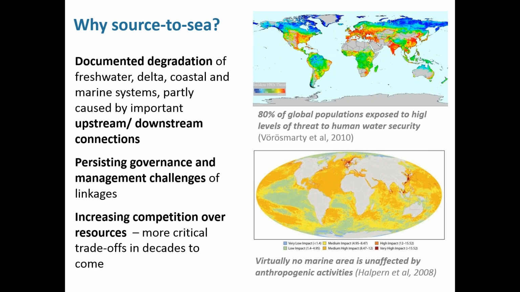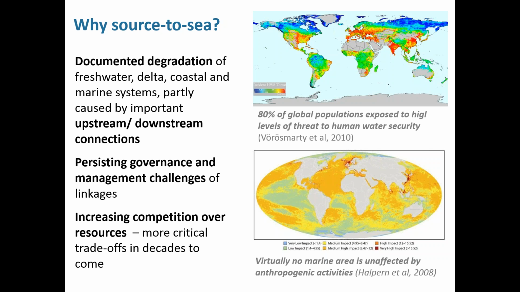In most of the world, our water systems are subject to high pressures, and many of these pressures come from activities that take place upstream, in areas that do not experience all of the negative impacts of the activities that are undertaken. At the same time, it is so challenging to effectively manage the important connections between the pressures posed upstream and the impacts experienced downstream.